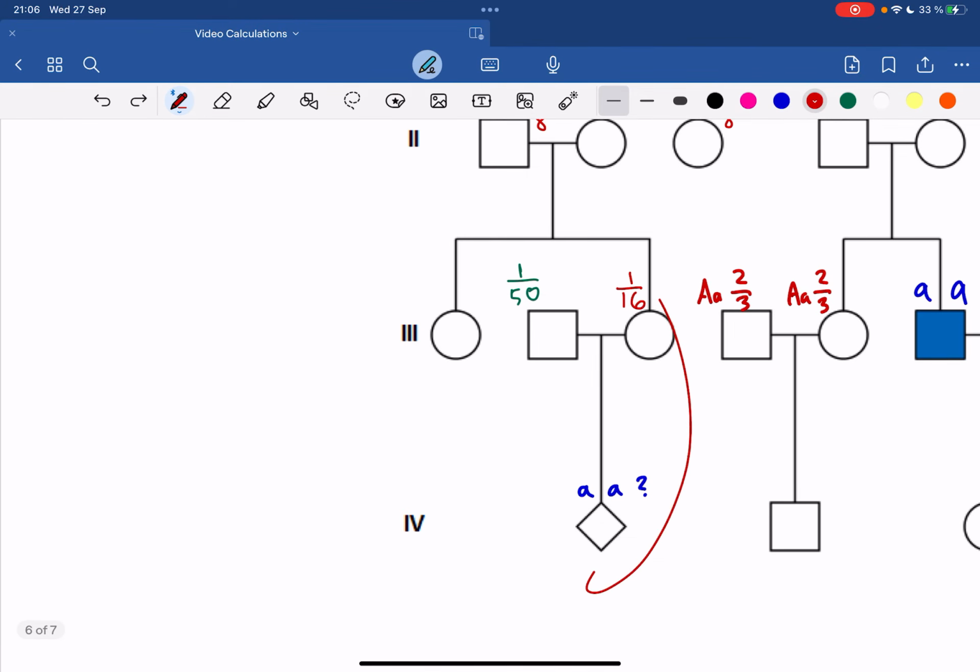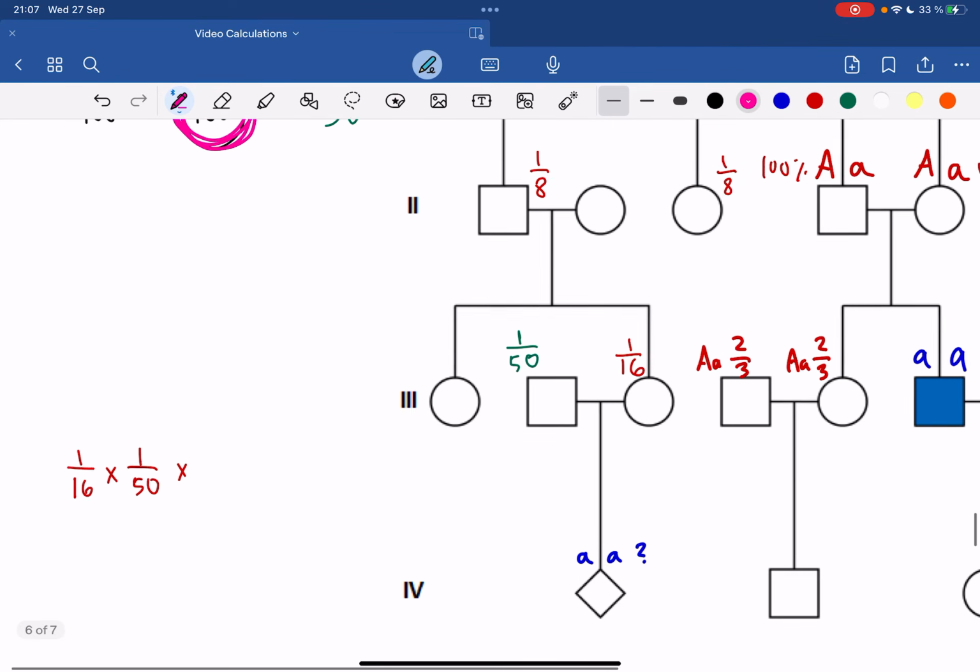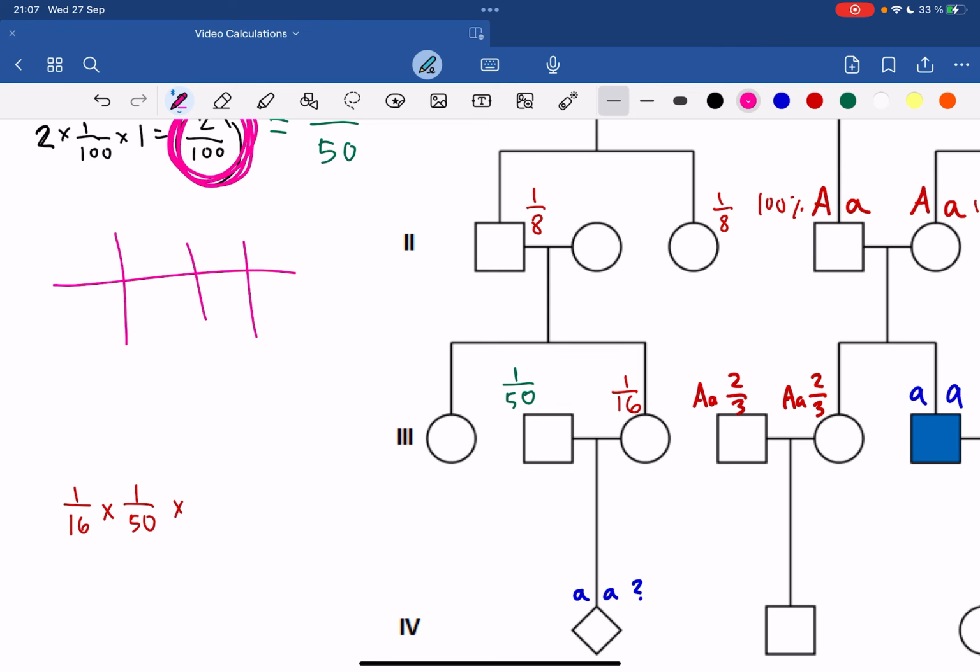Now we do the whole calculation for the child. We take one parent's probability, so the mother's, times the father's probability to be heterogeneous, times the probability for the child to be affected. So let's draw a Punnett square for people to understand again.